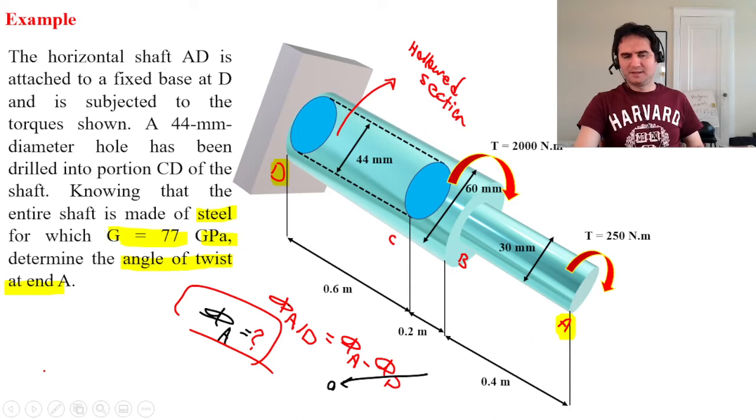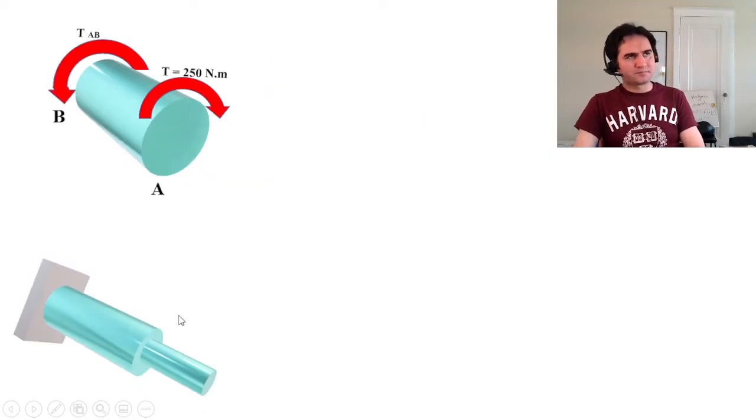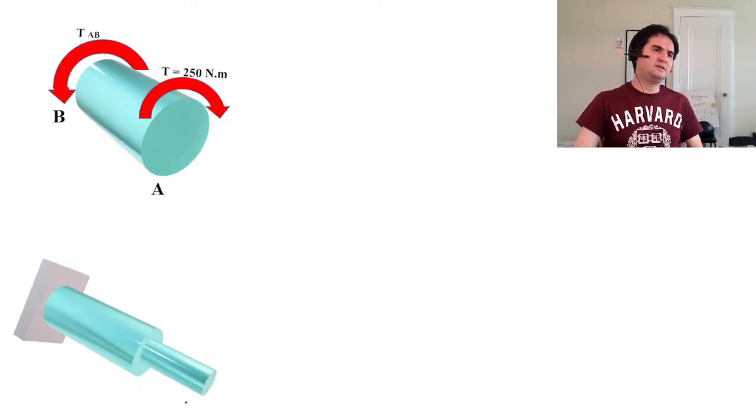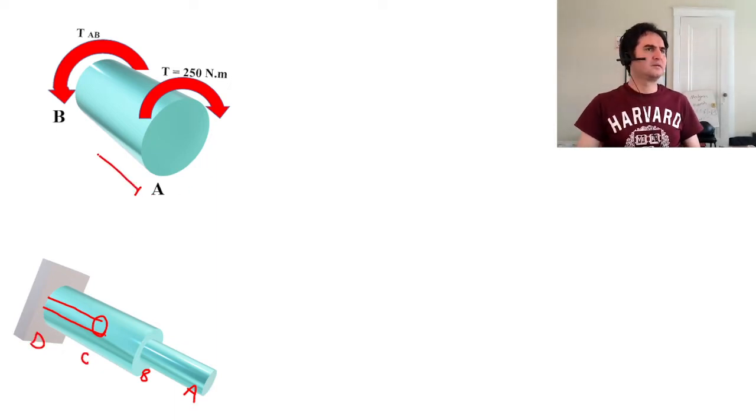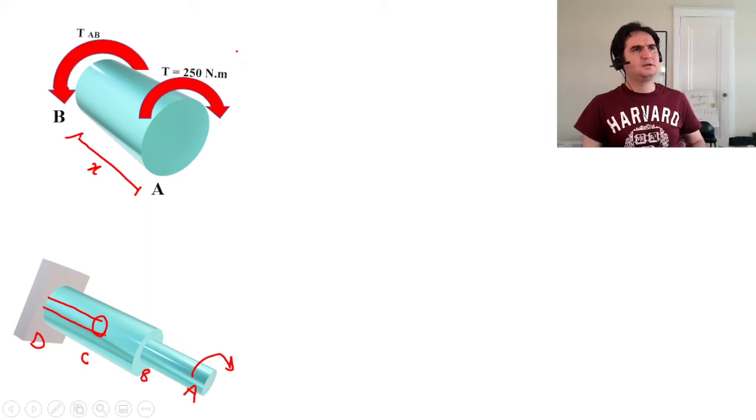So let's attempt our problem. If we take a portion of it out, an element of length x out from AB, which is the free body diagram of that, there is only a torsion of 250 Newton meters applied on AB.